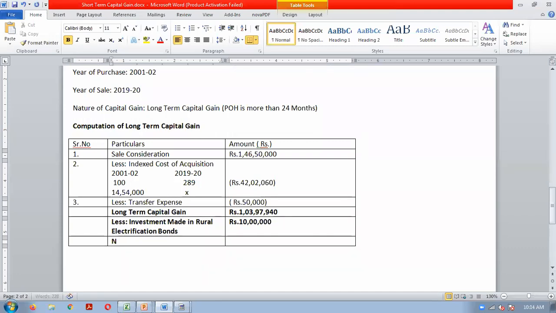So the net long-term capital gain will be how much? 1 crore 3,97,940 minus 10 lakhs.